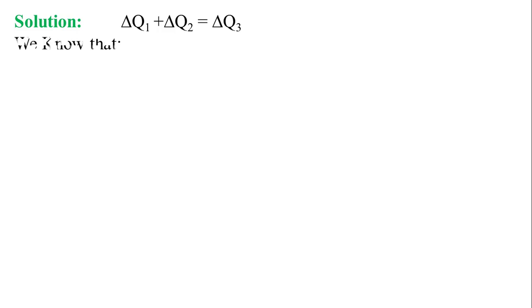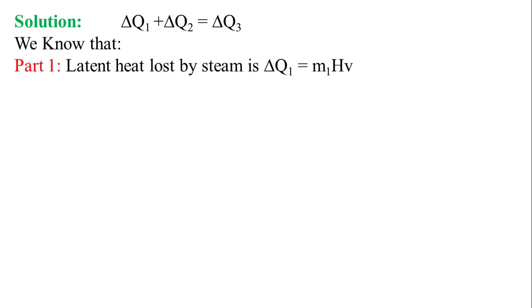First of all, we should understand what Q1, Q2 and Q3 are. In the first part, latent heat lost by steam is delta Q1, equal to M1 Hv.